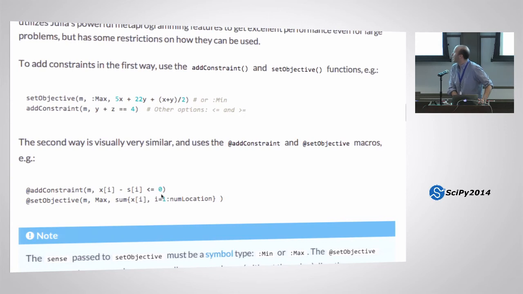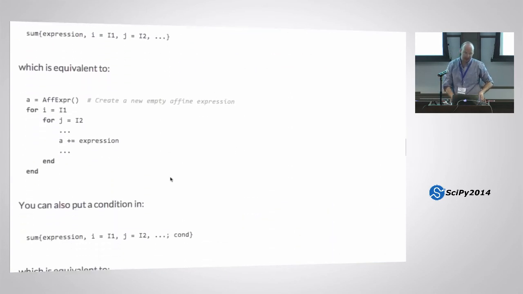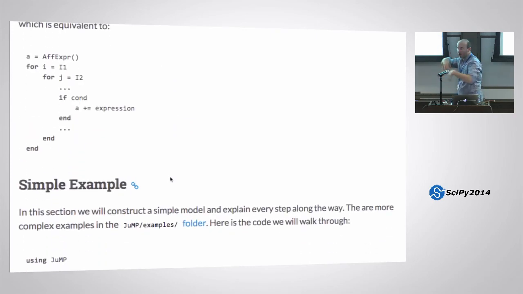You give it an inequality, and the macro translates that into some complicated code that adds stuff and does stuff that you don't want to know about. You just want to write, I have this constraint that this thing has to be less than or equal to 0. And then there's something where you just solve the problem, and it translates all this into complicated code that you would have to write by hand, and that you don't want to write by hand. So that kind of answers your question, but maybe not exactly.